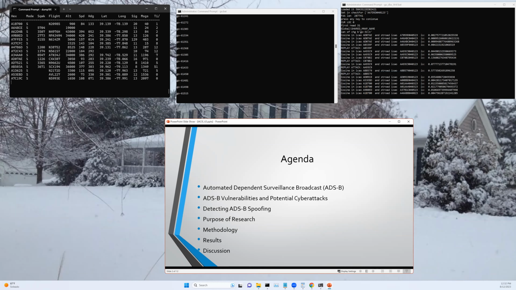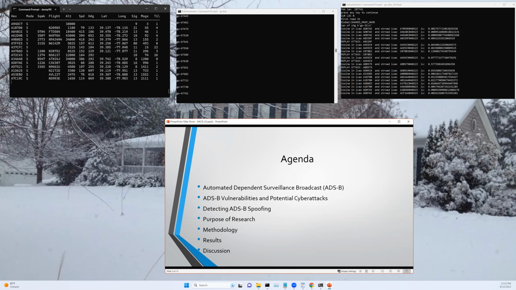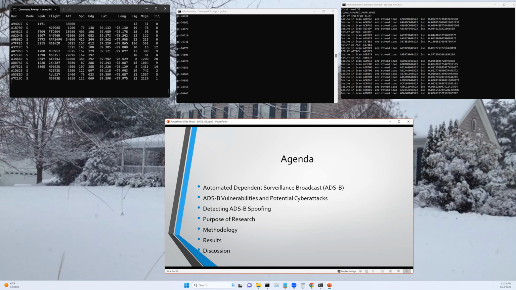It'll further detail the setup of a software-defined radio, or SDR system, to receive ADS-B transmissions from aircraft and insert them into a data store for analysis of the factors that affect replay cyber attacks on ADS-B. A detection system is developed that addresses the factors affecting ADS-B attacks, and then our results are presented.